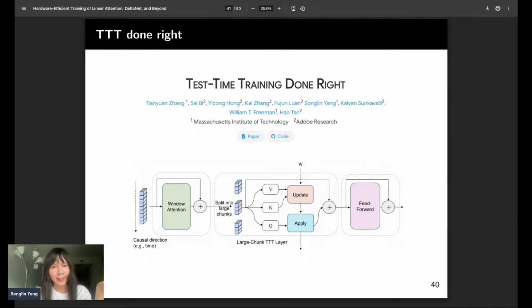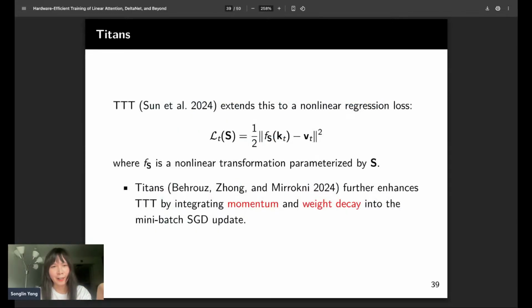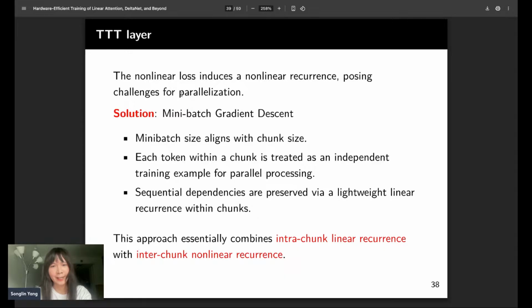In this work, we found that in the TDT training framework we already showed here, they need to have a trunk size, and the larger the trunk size, the worse the performance, right? Because when increasing the trunk size, the recurrent update frequency becomes less, and this is bad for the performance.